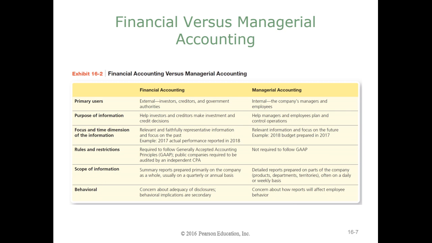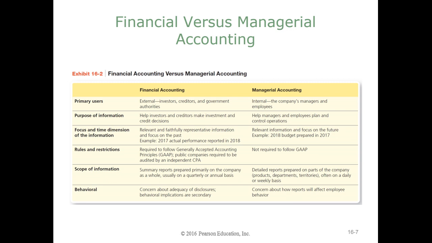And then behavioral, there's a concern about the adequacy of disclosures. Behavioral implications are secondary. With managerial accounting, our primary users are internal within the company, employees, management.